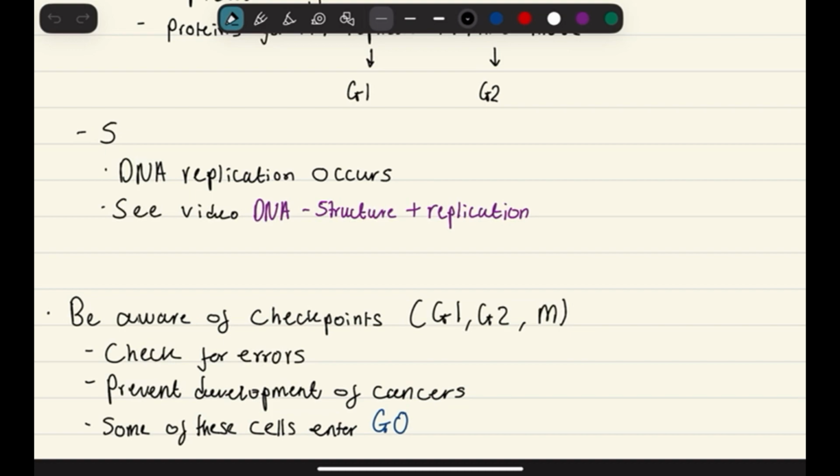So you're checking for errors mainly because you don't want cancer to happen. So it's mainly to prevent cancers. And some of the cells that you've seen have an error, that's a dangerous cell. They're going to G0, which is where you exit the whole cell cycle. Some of them can get back in, but they just exit the cell cycle. But don't worry too much about that. That's very much an additional point.